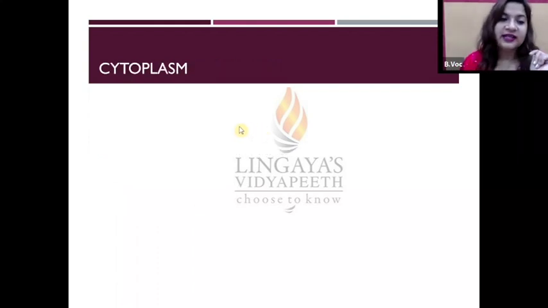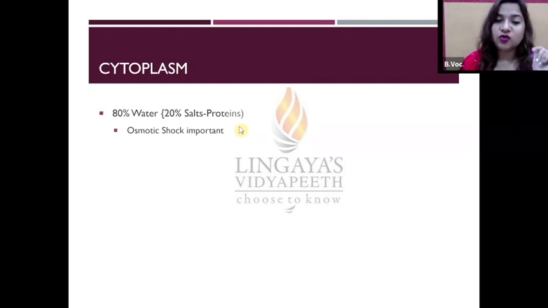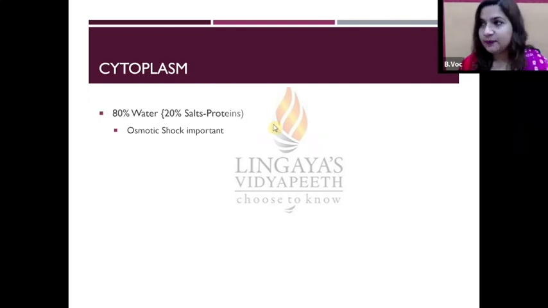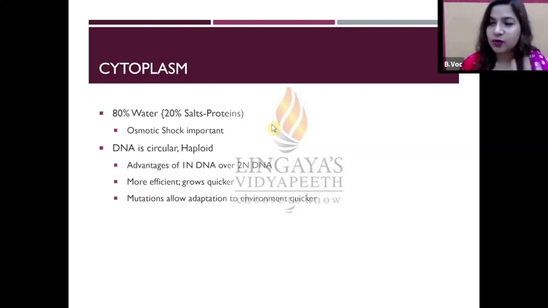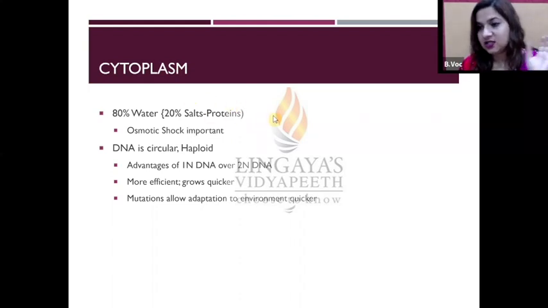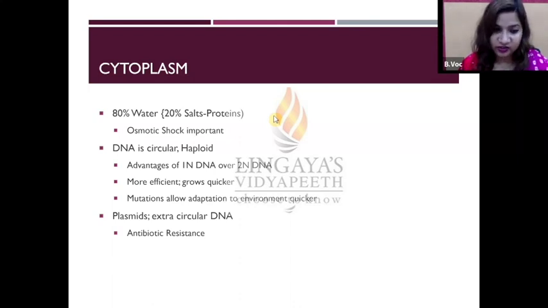All right. Next is the cytoplasm. Cytoplasm is 80% water, and 20% of it is salts or proteins. The cytoplasm prevents the osmotic shock. All right. So the DNA is circular in it, and it is haploid in nature. Mutations allow adaptation to the environment quicker.